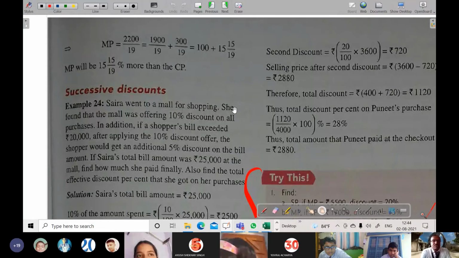So of course we had assumed 100, so we will divide in such a way that we get 100 separate and the other separate. So 1900 by 19 will give 100, and 300 by 19, so that will give 15 by 19. So MP will be 15 by 19% more than the CP. Got it? By assuming 100 also we can make it.